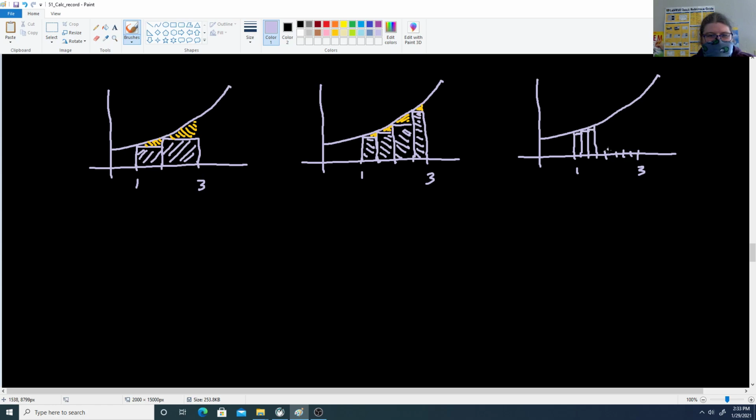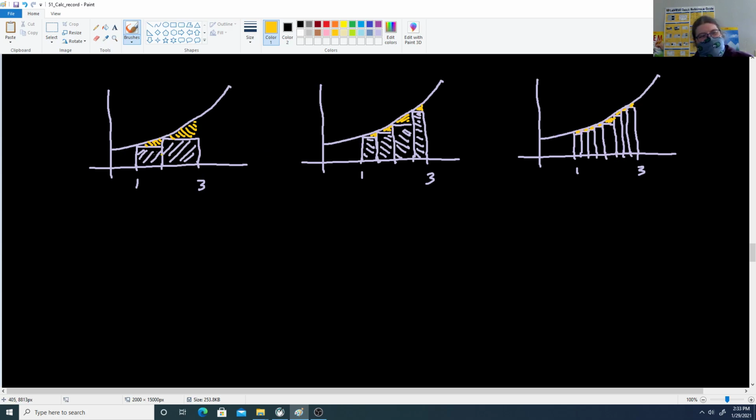It's a little hard to see the way that I've drawn these, and since I hand drew them, there's going to be some issues. Each of these undercounts by a little bit. So again, there's more sections, but the section sizes shrink.